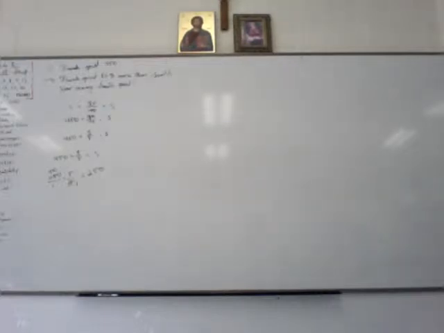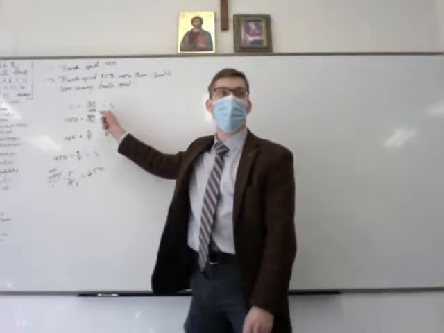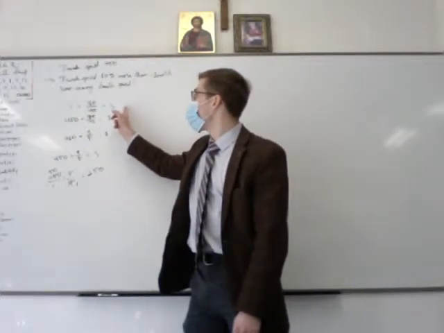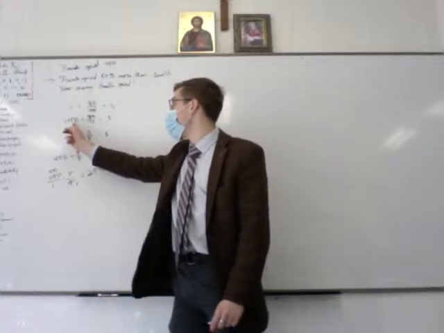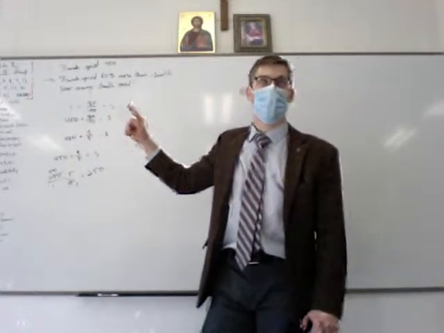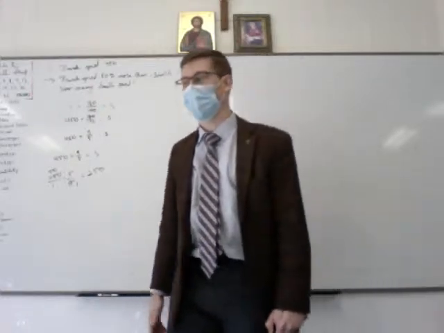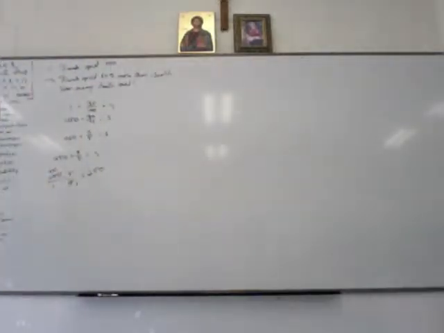So Frank's number is 180% of Smith's number. Then they tell us that Frank's number is 450, and once we get to that, we can solve for Smith. When it talks about percents more, percents less, you're going to have to be adding or subtracting from 100%.